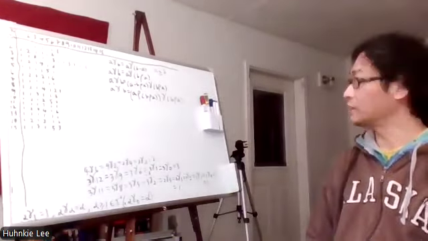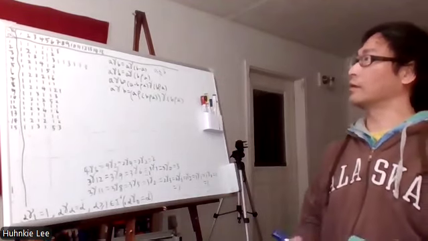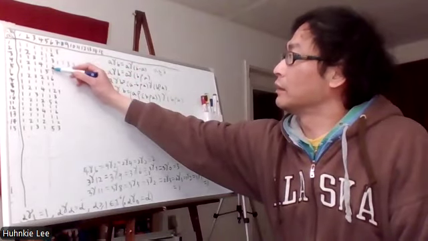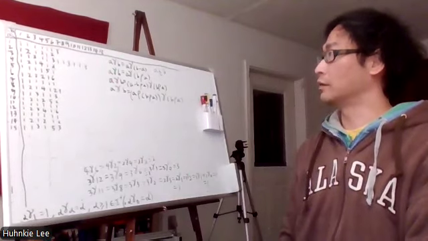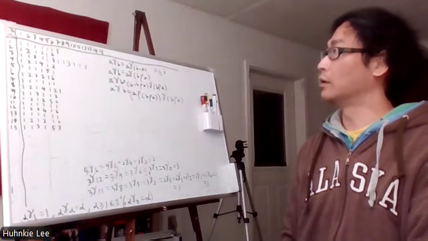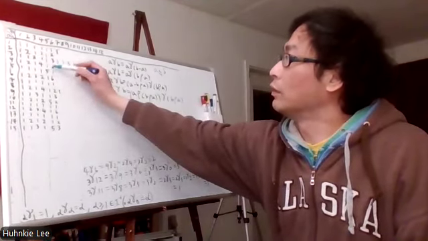So the trajectory: 4 gamma 6, okay? To calculate that, we calculate what? 4 gamma 2, so it goes like that.